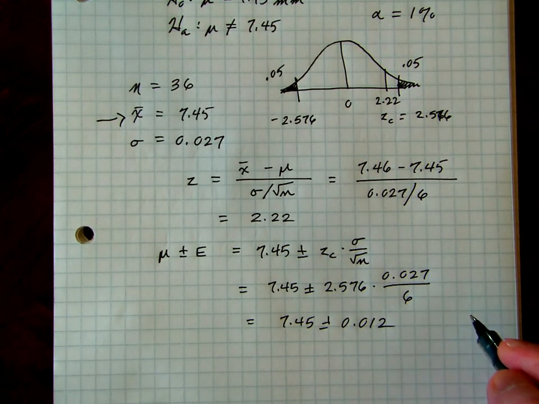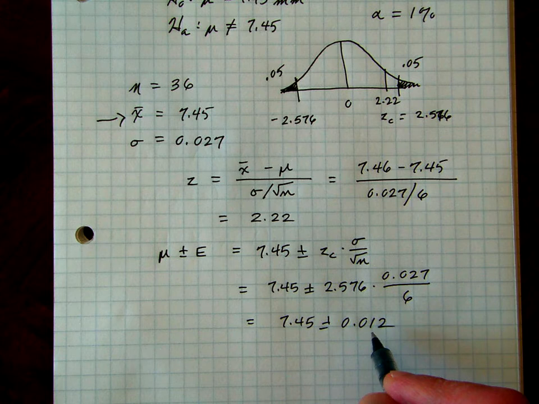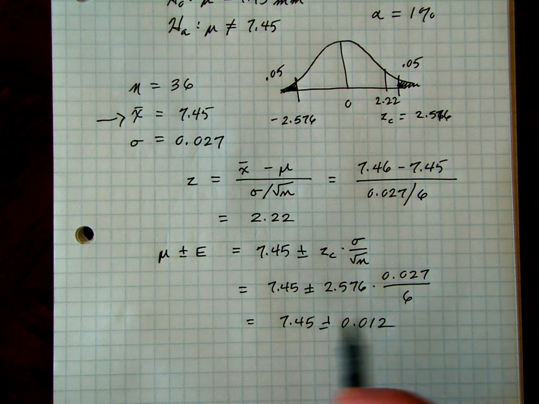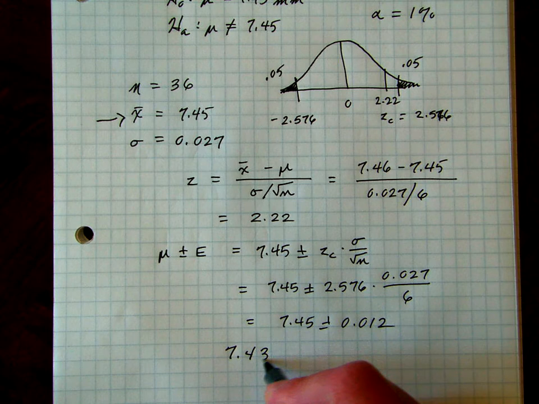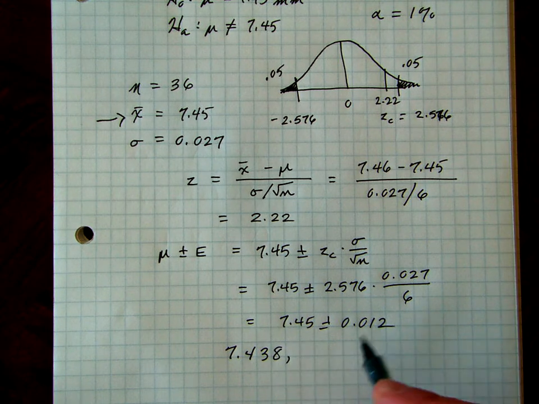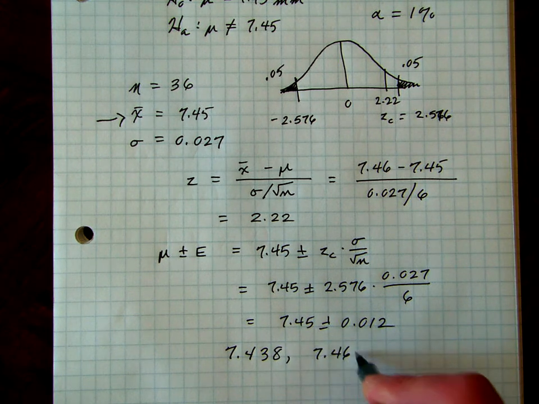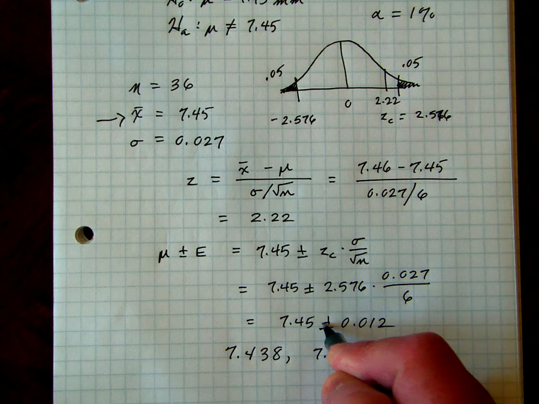If I subtract 0.012, I get 7.438. If I add it, I get 7.462.